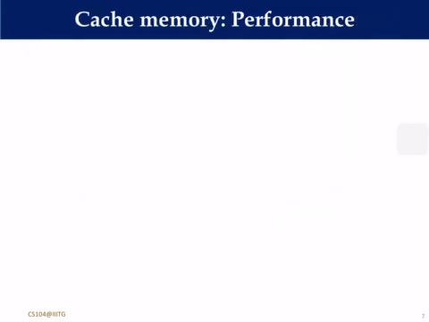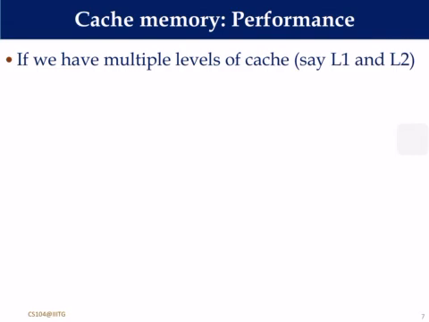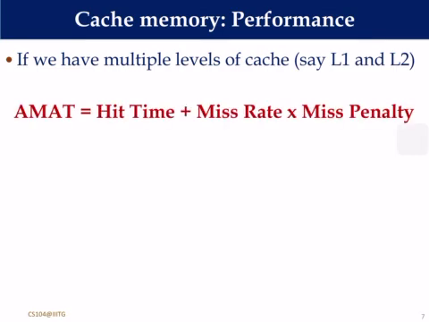Now let us move to performance in case of multiple levels of cache, right? So it's not one level, it's multiple levels. Now what will happen? How do you find out? This is already known to us, that average memory access time is equal to hit time plus miss rate into miss penalty.